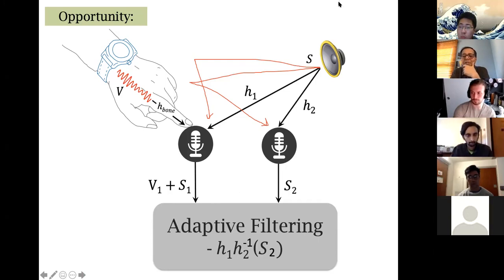So what you really need to do is, if this channel is H1 and this channel is H2, you need to estimate H2 inverse H1. H2 inverse H1 of S2 is what? S2 is nothing but source S convolved with H2. So source, H2 inverse H2 cancels out. So it's source, and source convolved with H1 is exactly what you want to subtract from this. Does that make sense, guys? Great.